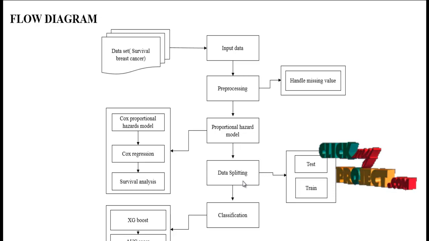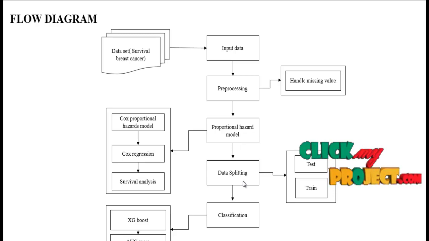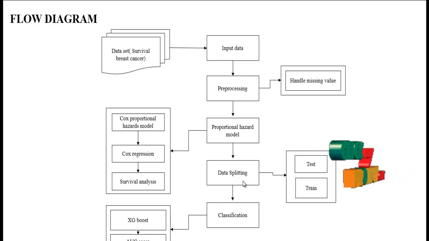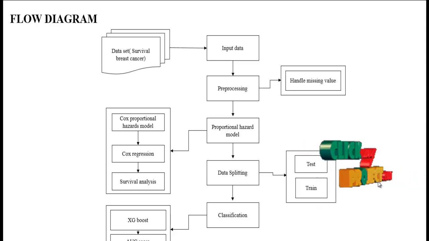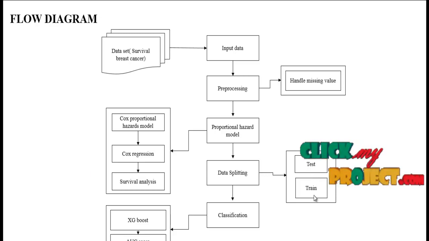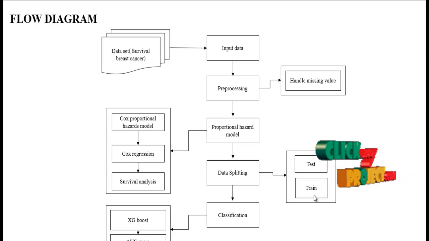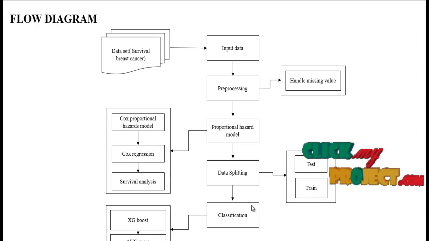Then we implement the data splitting. It is the act of partitioning our input data. That means we split the data into test and train. Test contains a small portion of our input data, and train contains most of our input data. After that we implement the classification algorithm.